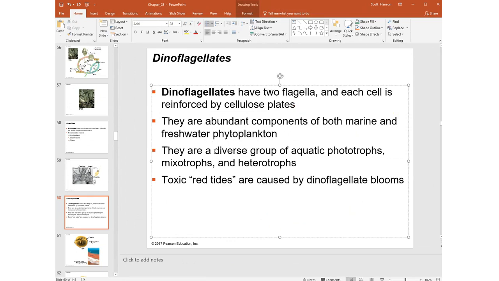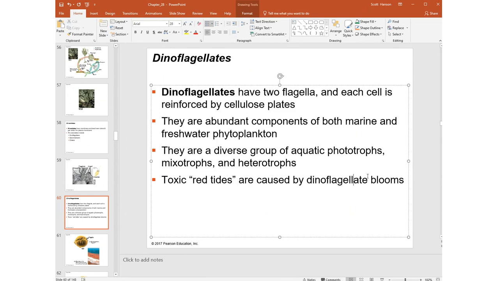There's a lot of variety amongst them. They can be phototrophs, mixotrophs, or heterotrophs. I don't know if you've ever heard of red tides out in the ocean, where the water turns kind of red. They're caused by red dinoflagellates.